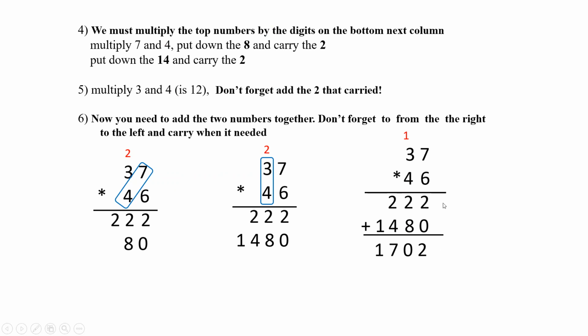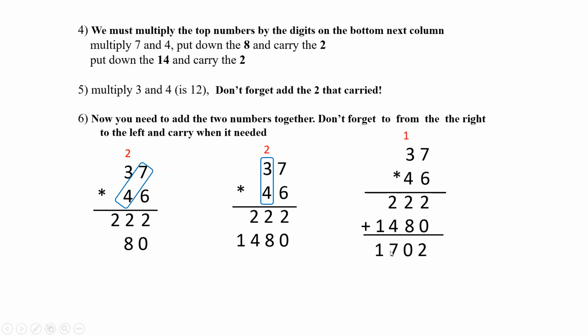If we need to carry, don't forget about that. So 2 plus 0, it is 2. 2 plus 8, it is 10. Write 0. Carry the 1. 2 plus 4, 6. Add the carried 1.